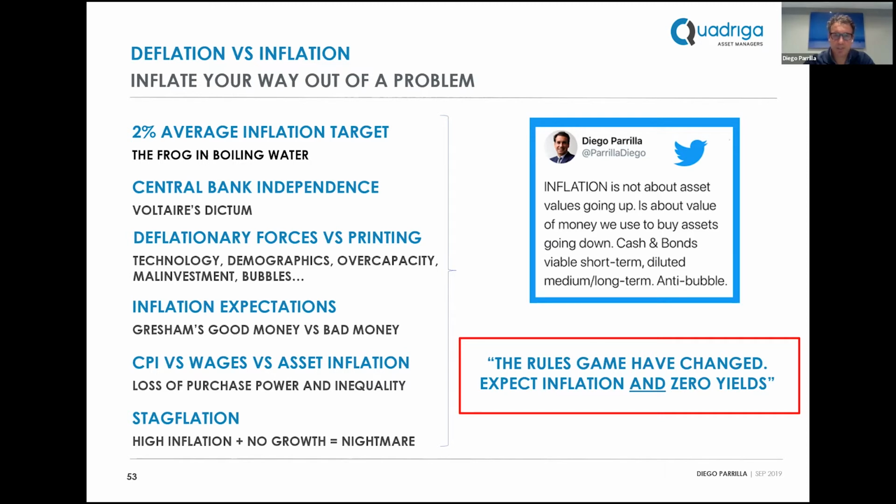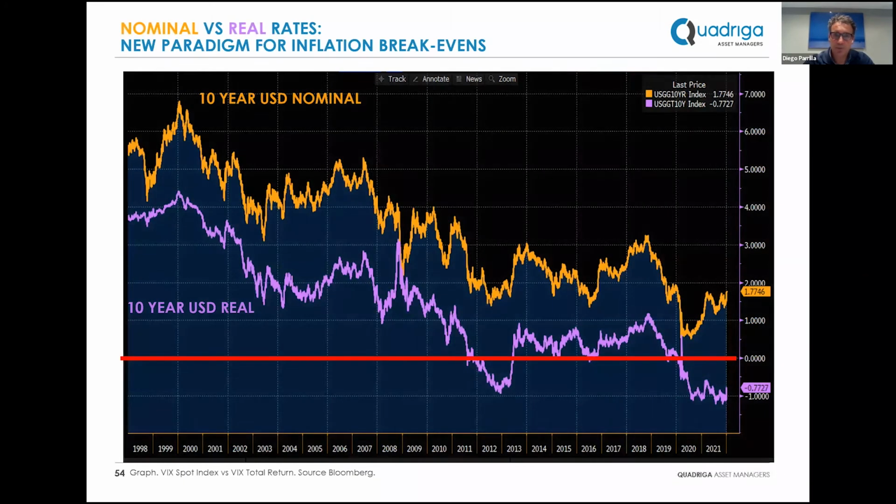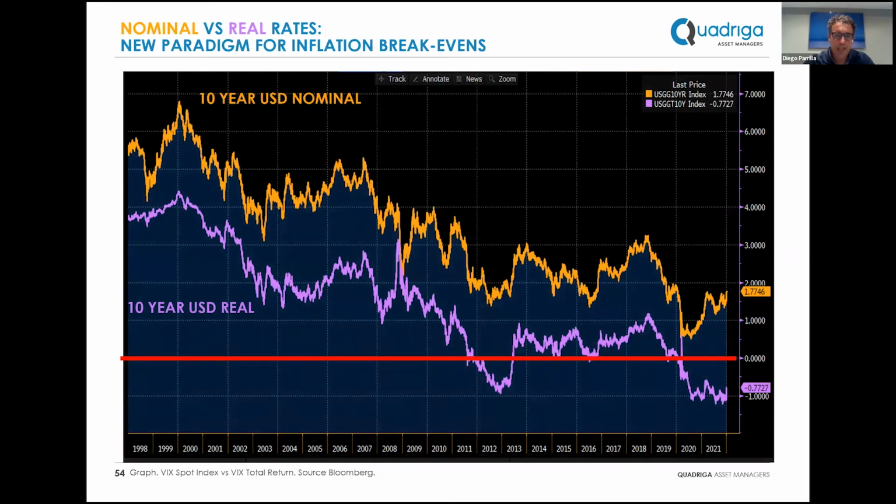The rules of the game have changed, and we might see a world where you have inflation and zero interest rates. I think central banks will struggle to normalize monetary policy, because they will see that by doing so, they burst the bubbles they created in the first place.